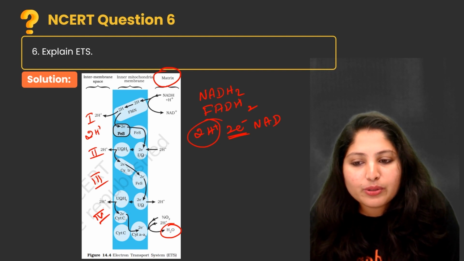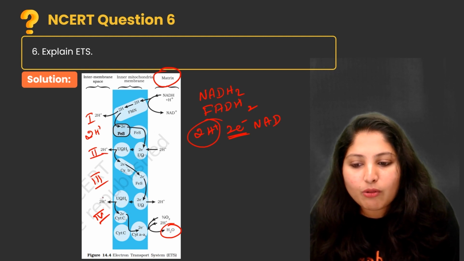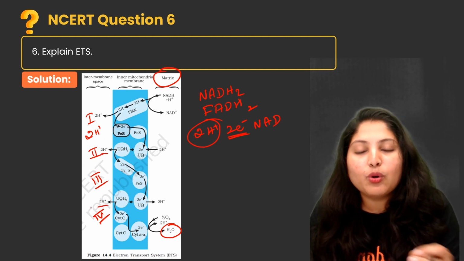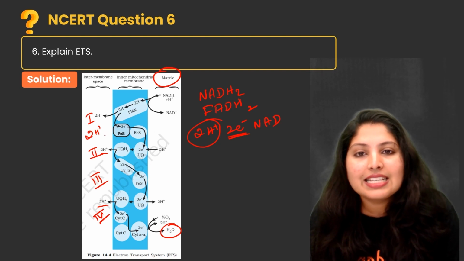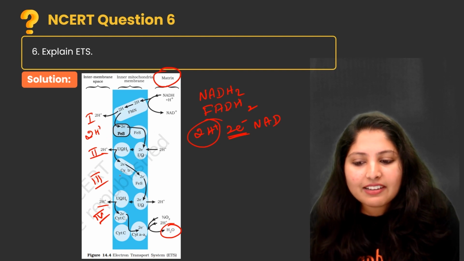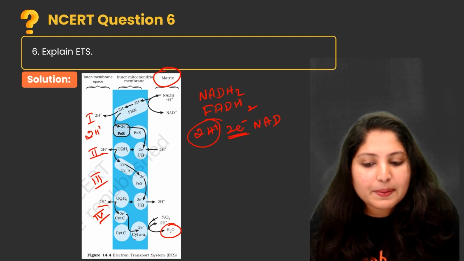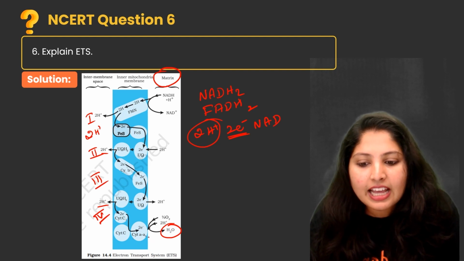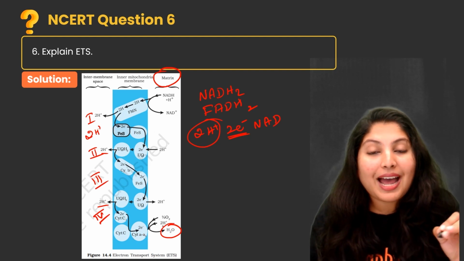Then it is moved to the second complex, after that the third complex, and at each level the proton is moving towards the intermembrane space. Finally it reaches complex 4. In complex 4, what is present? Cytochrome aa3.